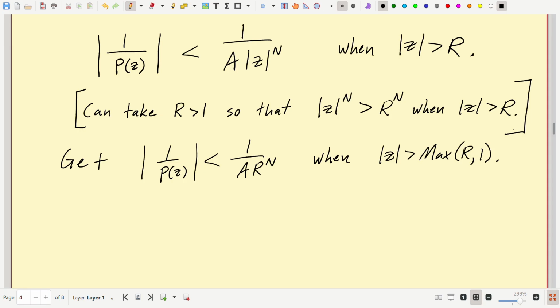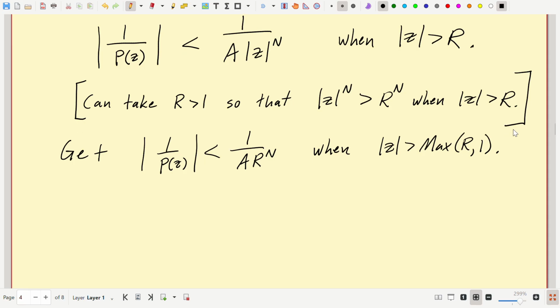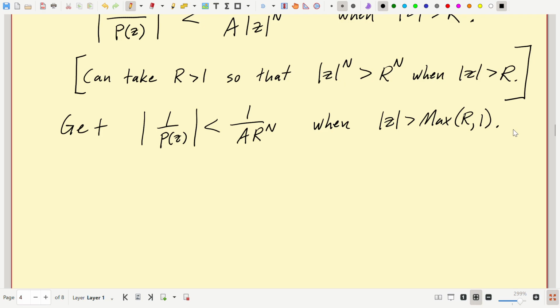So does that make it a bounded entire function? Let's see, why? It's bounded on the exterior of the circle. Right, so what bounds it on the rest of the plane? Maximum of it. Yeah. And why does it have a maximum? Continuous function on that. Exactly, yeah.